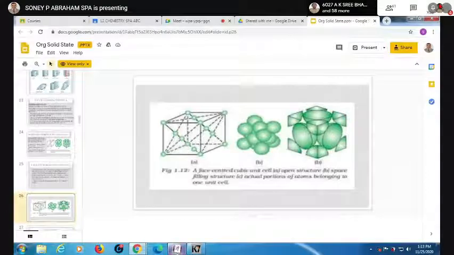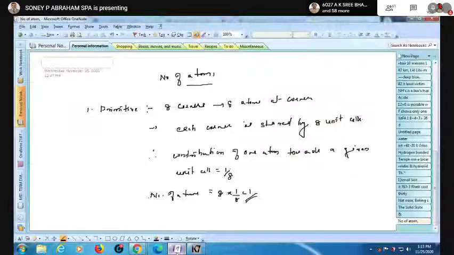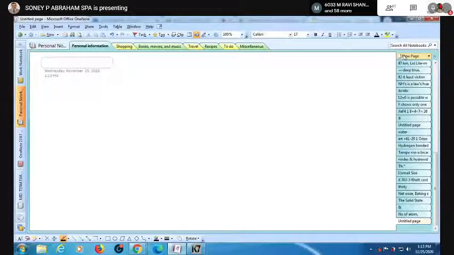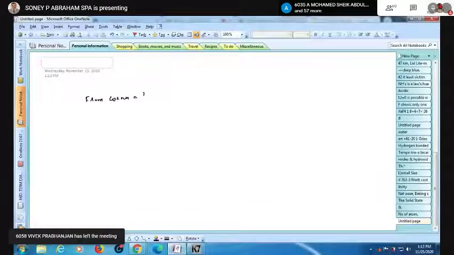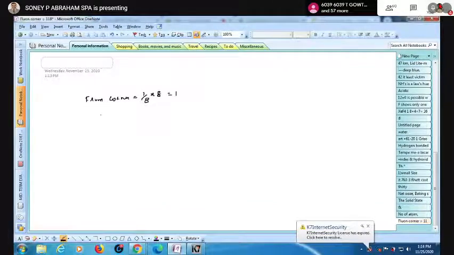From the contribution from the corners, it will be 1 by 8 into 8, which is equal to 1.